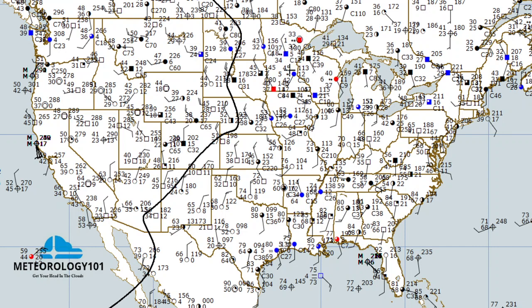What's this one? 1000, I can read that one. There's nothing on that one. No station pressure. This one's 1013. So let's go right around here. There's your 1012 right there.